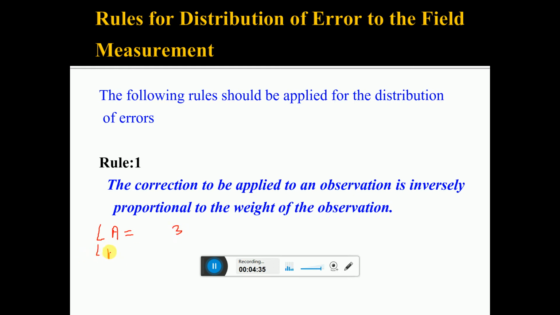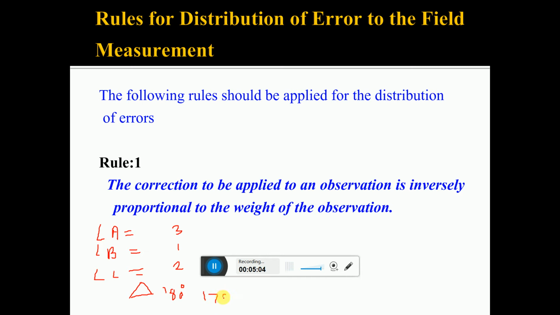Angle B is measured, and the weight for this angle is 1. Angle C is measured, and the weight for the angle is 2. For a triangle, the sum of the three angles should be 180 degrees. This is the theoretical sum.